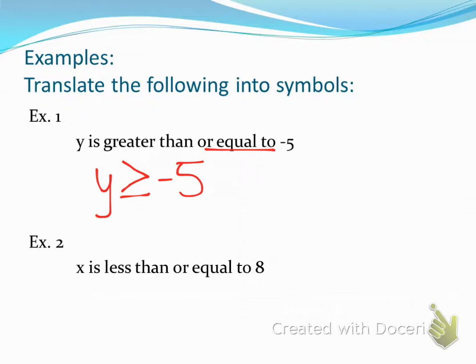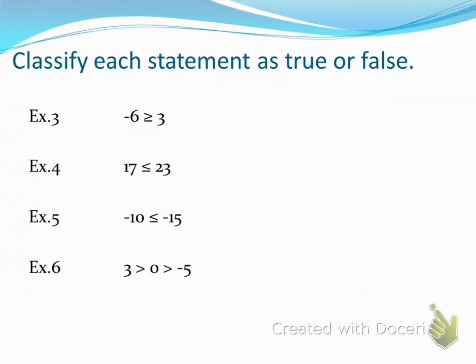Example 2, x is less than, so remember less than points to the left. Less than or equal to, so again it needs the bar, 8. This goes back to what we were doing with the notes.